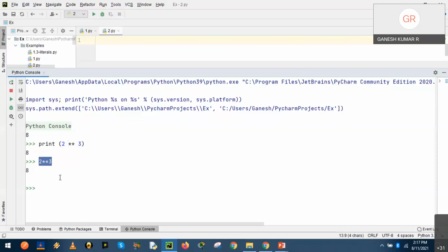Okay, so in the latest revision of the IDE, without the print function, we can just type the instruction or the expression and we get the output. The earlier IDEs needed the print function.